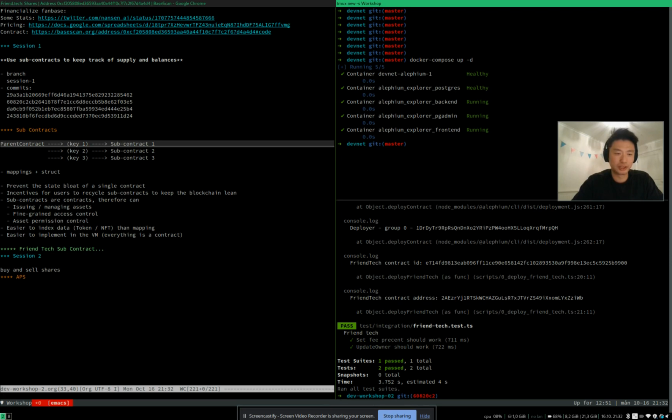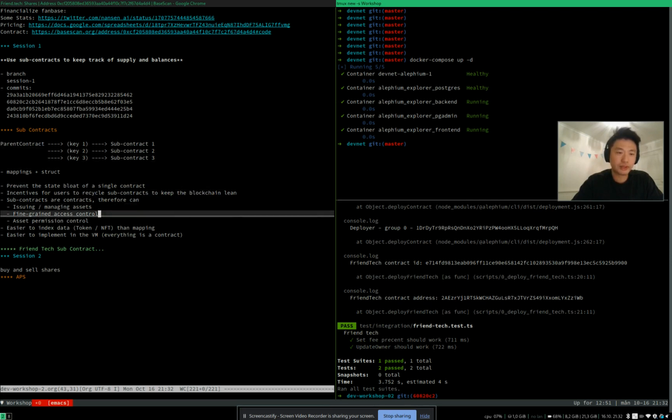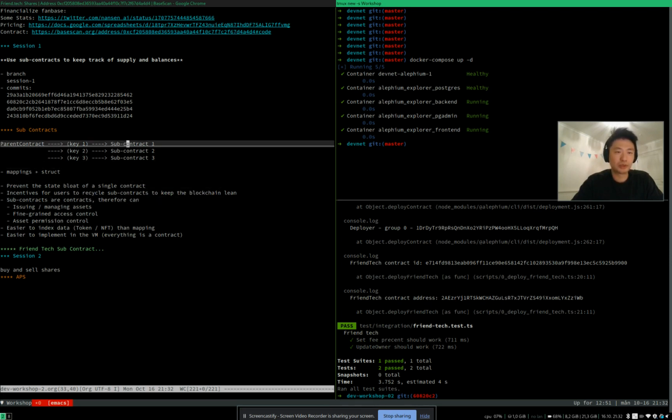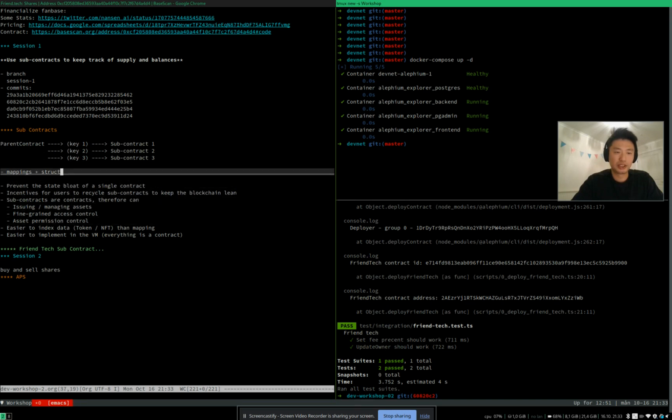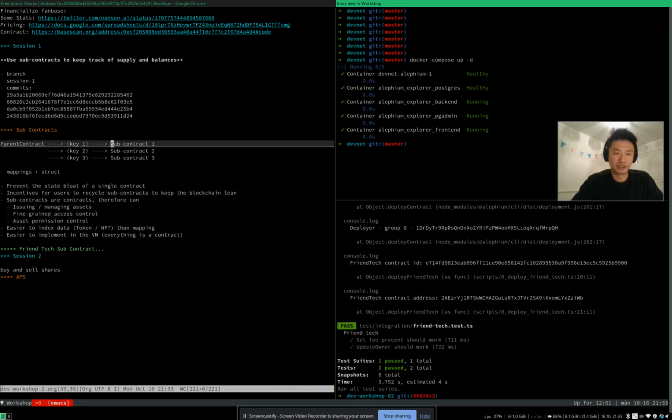For example, in the case of NFTs, one implementation is to implement an NFT collection using parent contracts, where the key is just an index, and the NFT is represented using a subcontract. So you can refer to the NFT directly using the NFT contract ID.